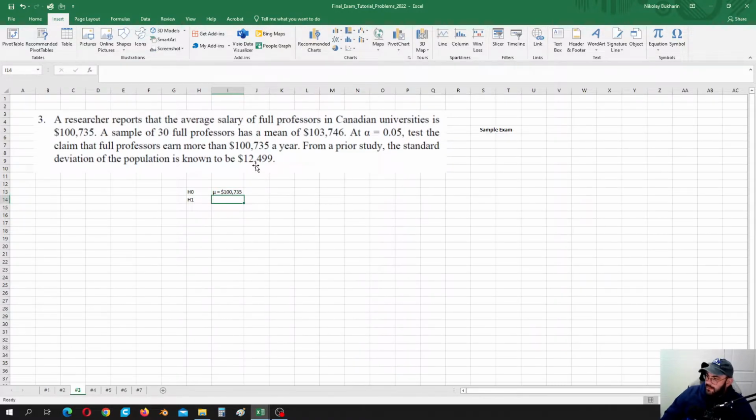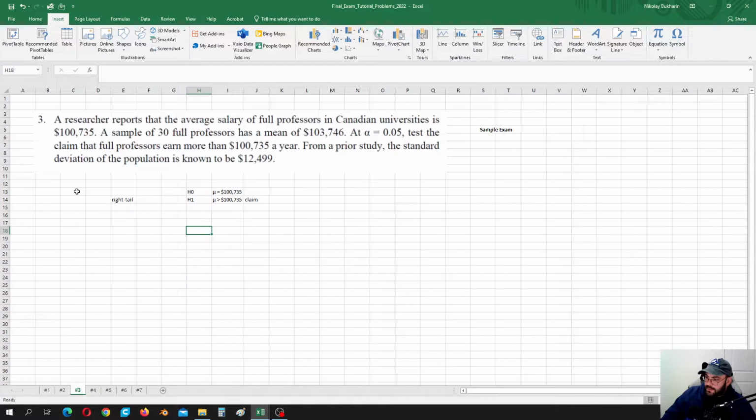And H1: we claim that it's more than, so mu is greater than 100,735. This is our H1, and this is our claim. We are testing this claim, and this is a right tail test.